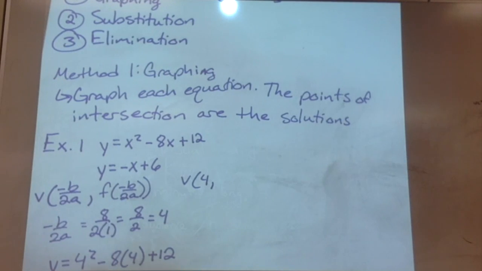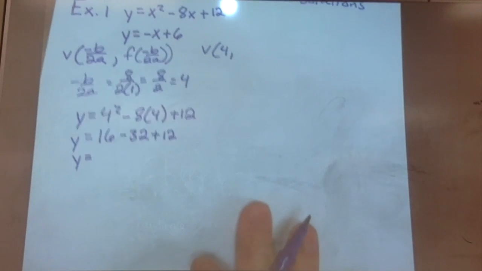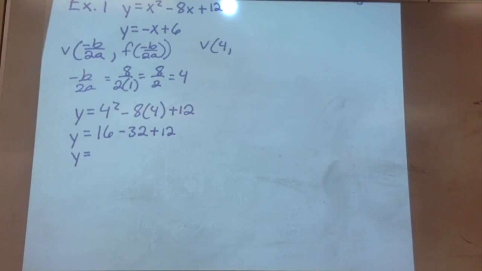So simplify that. 4 squared is 16. Negative 8 times 4 is negative 32. So plus 12. And then just add and subtract straight across. Oops, sorry guys. Give you a second to write that now that you can see it.